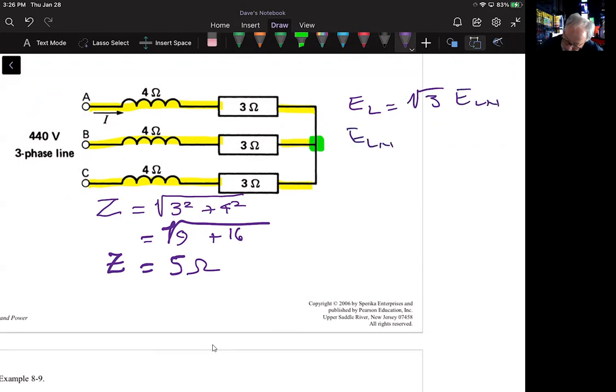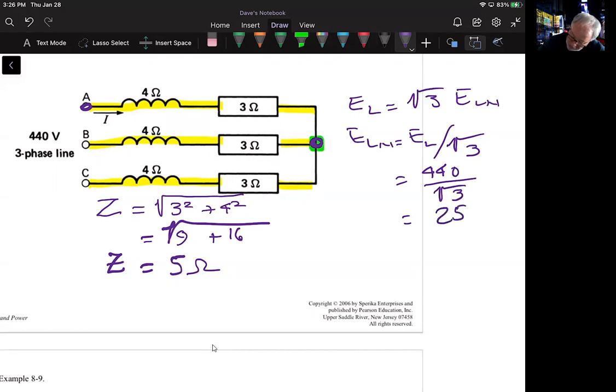Because if we know what the voltage is from here to here, then we can make these current and other calculations with it. So line to neutral voltage would be line voltage, which is 440, divided by square root of 3. And that is going to come out to be 254 volts across there.